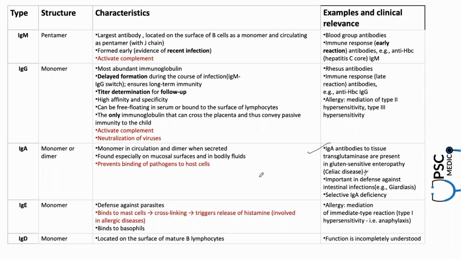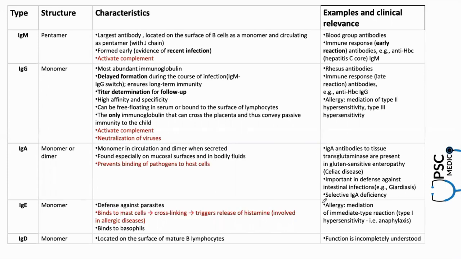But in celiac disease, also known as gluten sensitive enteropathy, there is production of antibodies against tissue transglutaminase. The structural relation between gluten and tissue transglutaminase is the reason for molecular mimicry and production of this autoimmune disease. And the antibodies produced against tissue transglutaminase are of the IgA variety. If you want to add a clinical relevance, this is the clinical relevance for it.